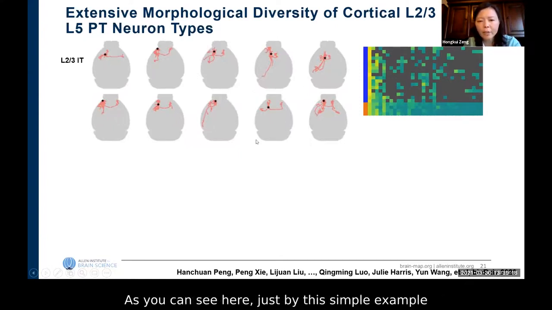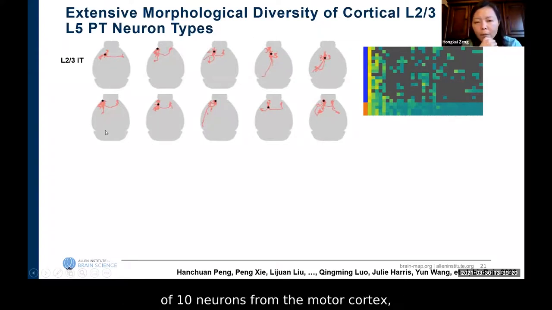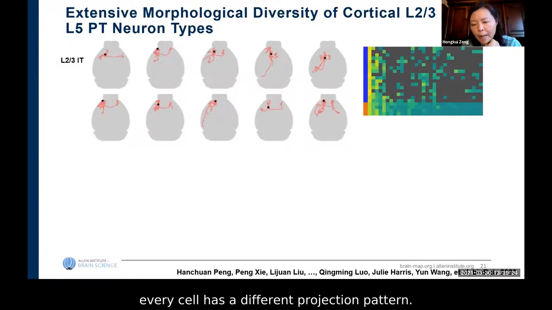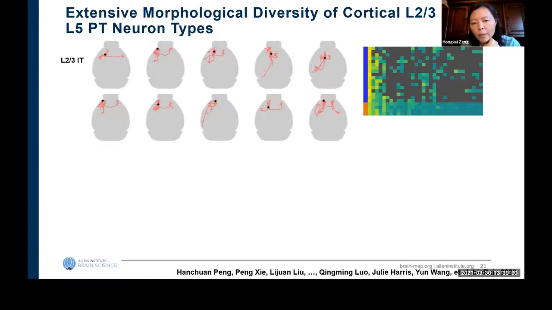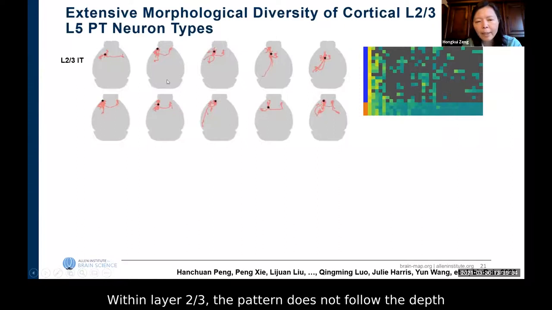As you can see here, just by this simple example of 10 neurons from the motor cortex, every cell has a different projection pattern. And it doesn't seem to follow any kind of rules.